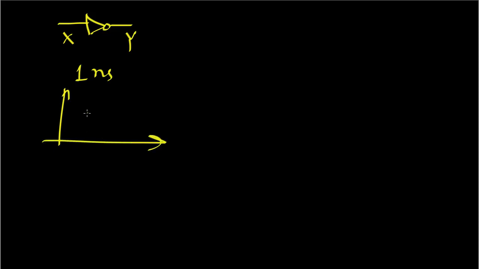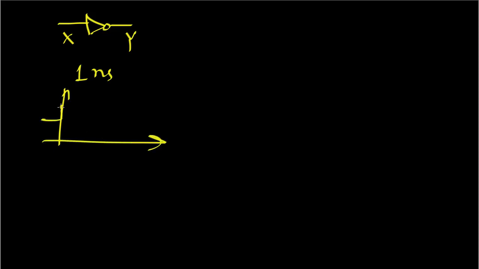No two NOT gates are the same. So let us say this is our first NOT gate which we have manufactured. Let us say this is X and this is Y. The output Y may start changing, let us say after 1 nanosecond. Okay, so let me make the characteristics again.